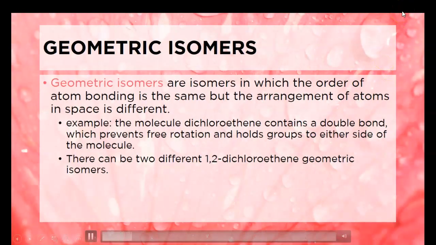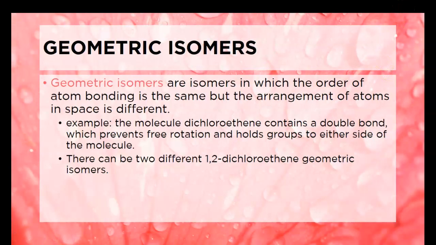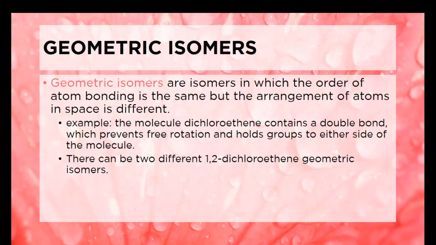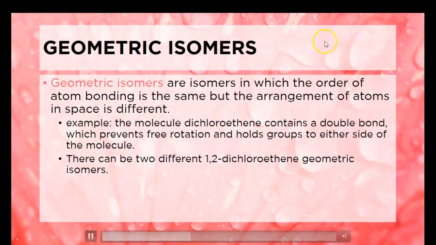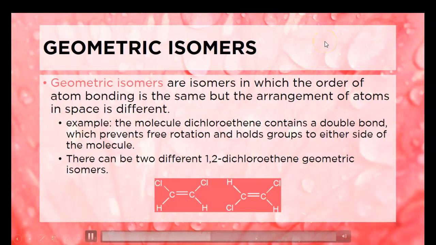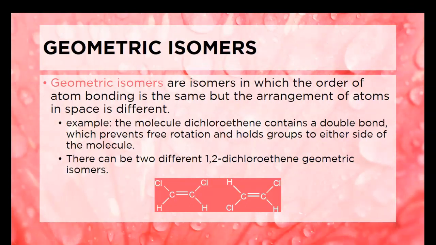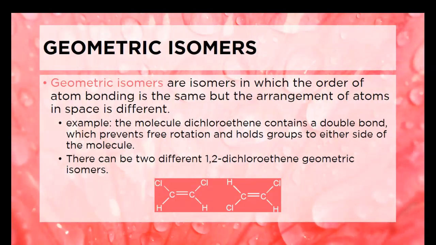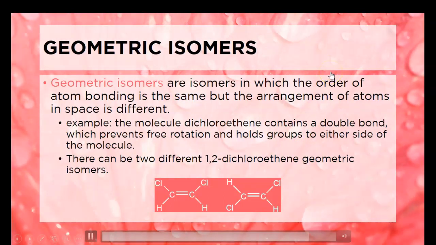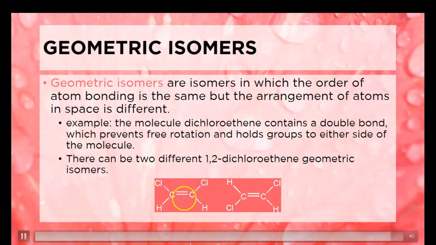Geometric isomers, these are ones where the order of the atom bonding is the same, but the arrangement is different. So with 1,2-dichloroethane, and we're going to learn how to name them that way next section, notice how these are the same structure even. You've got the double bond between the 2 carbons.